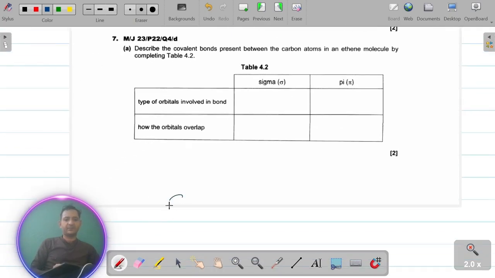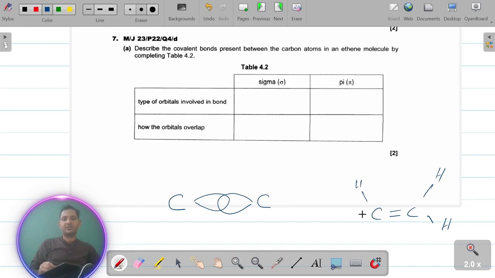Ethene is when we have this carbon and carbon, and it is sp2, because carbon is double bonded. When carbon is double bonded or connected with three things, it is sp2 hybridized. This carbon is connected with three things, one hydrogen, and the second and third this carbon. So these carbons are sp2.